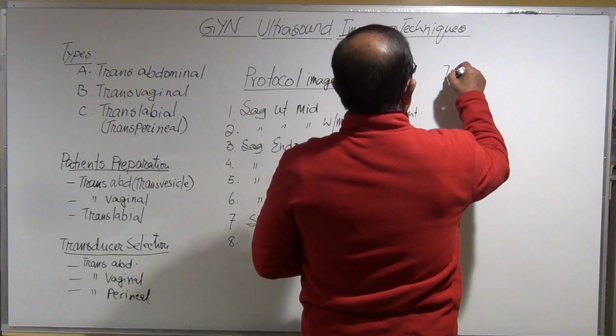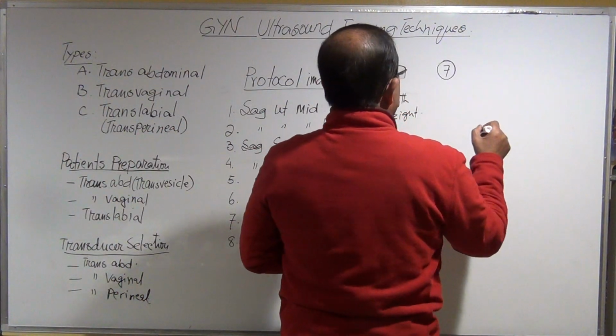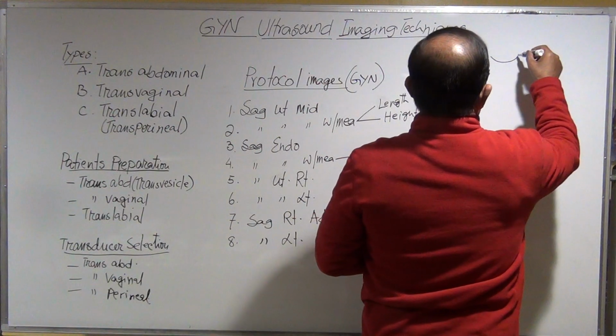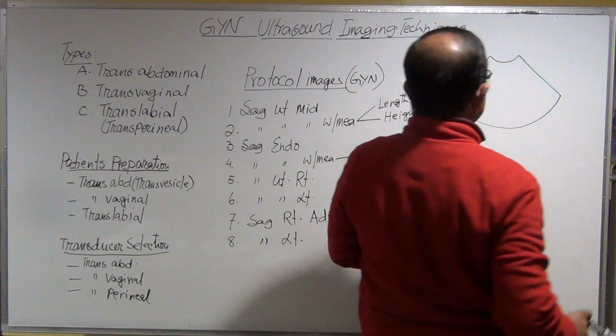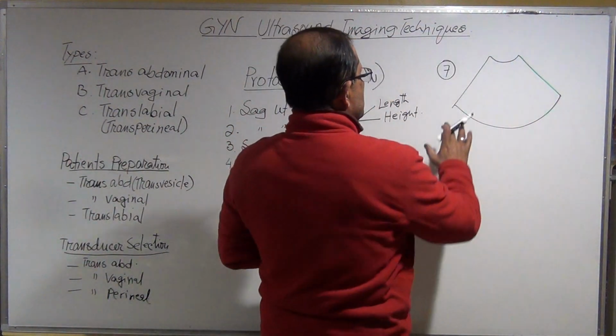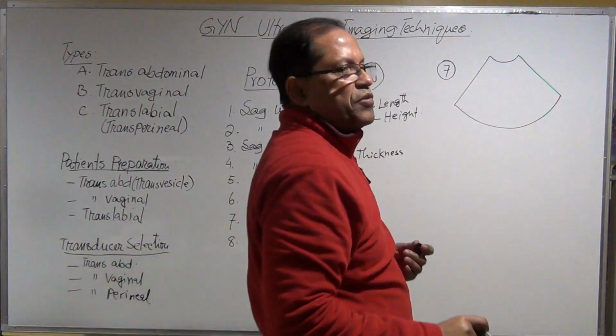Okay, 7 adnexa. How does it look like? And what is adnexa? Adnexa is the lateral portion in the pelvic cavity away from the uterus.